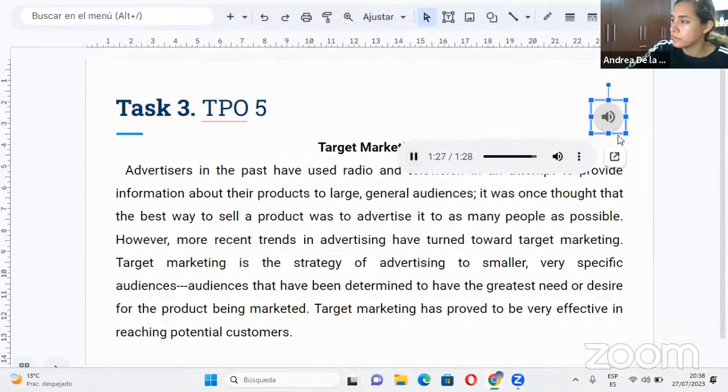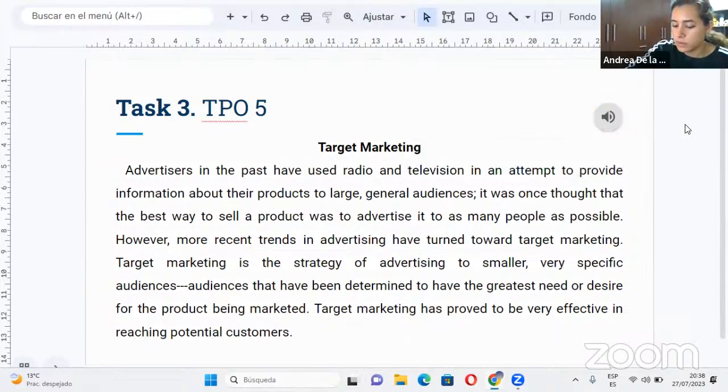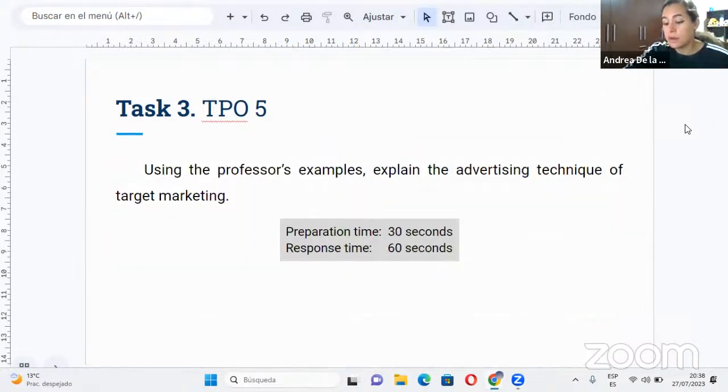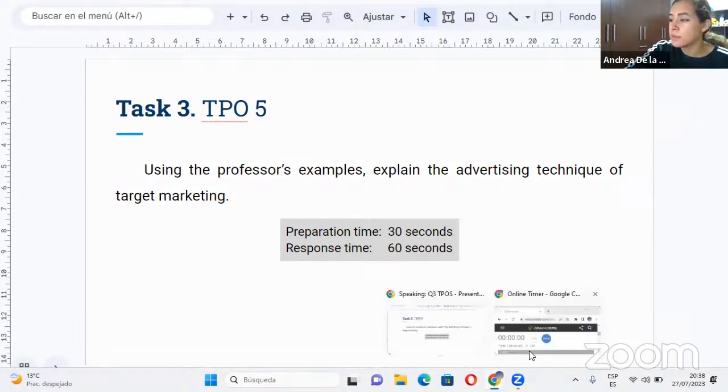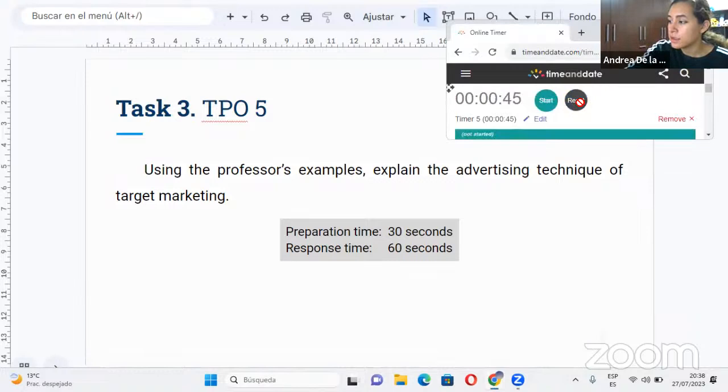Okay, guys. Now, using the professor's examples, explain the advertising technique of target marketing. You will now have 30 seconds to prepare your responses.